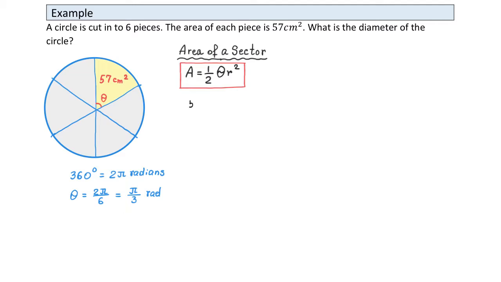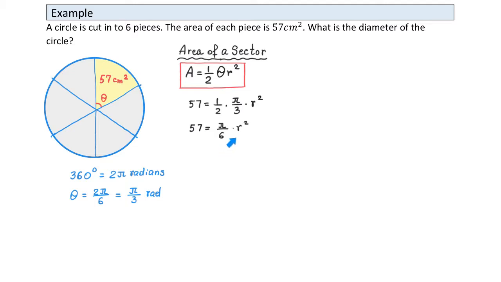Then 57 equals 1 over 2 times pi over 3 times radius squared. On the left side we will bring down 57, and on the right side we will multiply the fractions 1/2 and pi over 3. 1 times pi is pi, and 2 times 3 is 6, multiplied by r squared.